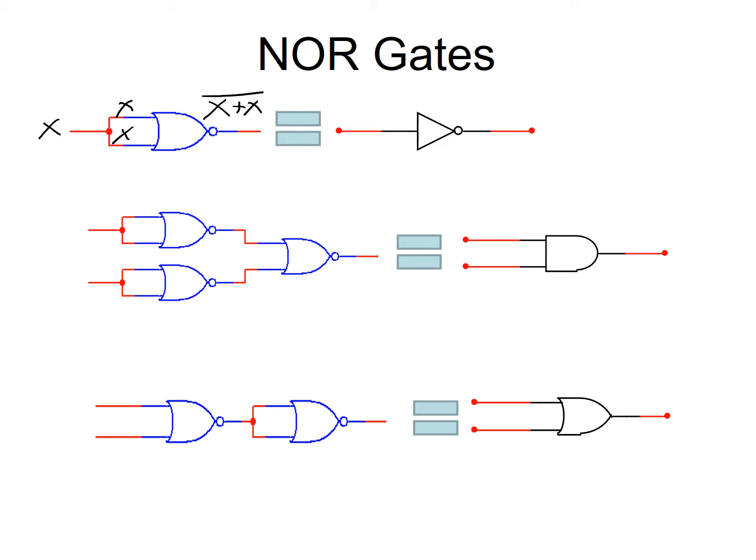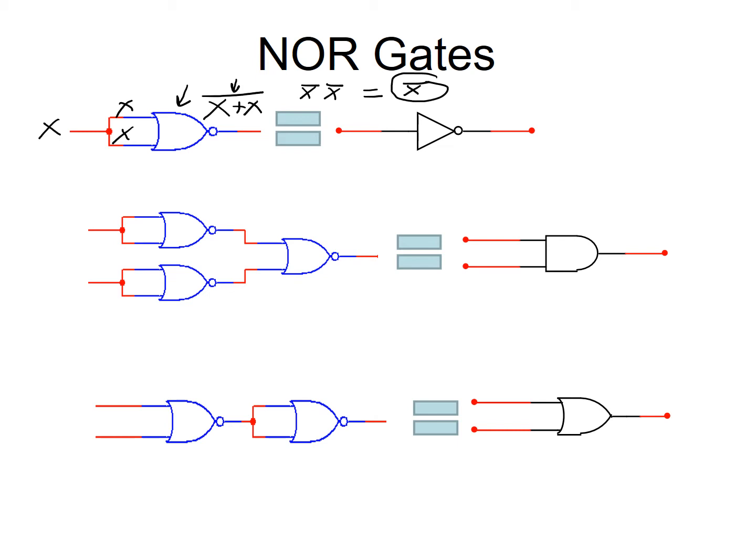That's what a NOR gate does. It's an OR gate with a NOT over top of it. I can split this up using De Morgan's law, and that would give me NOT X and NOT X, which you perhaps remember from those basic rules. NOT X ANDed with NOT X is NOT X. So in this first case, I used one NOR gate to create a NOT gate.